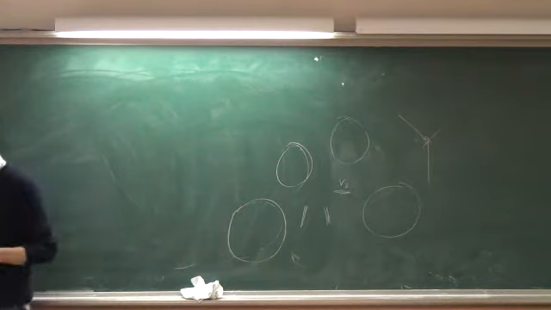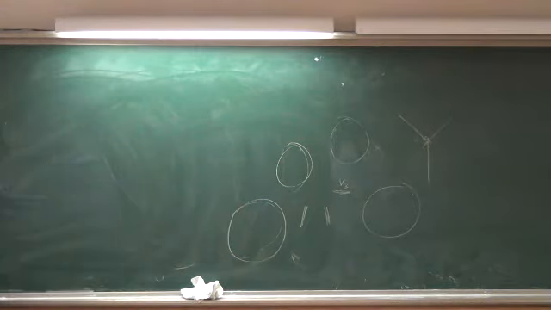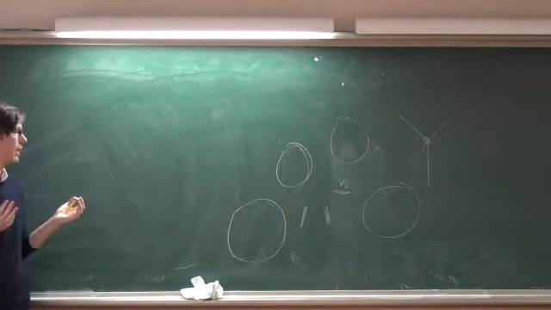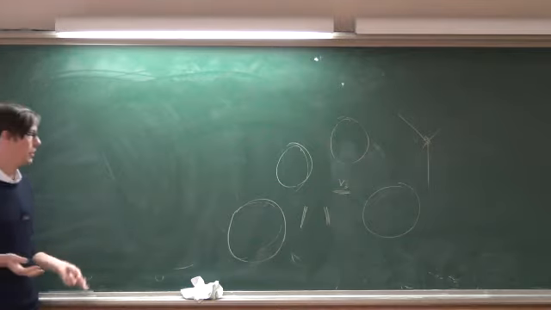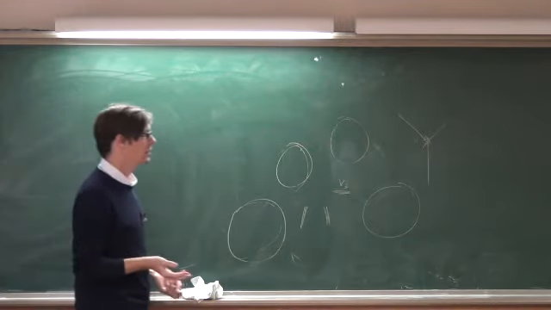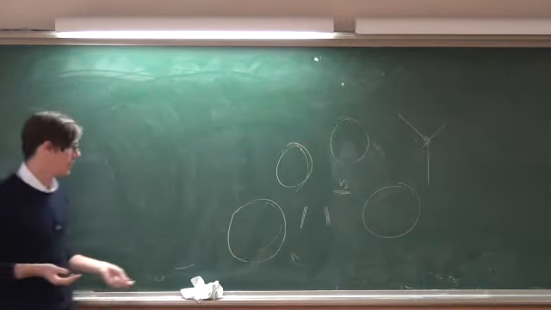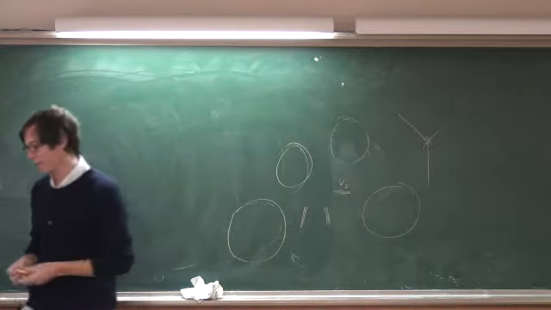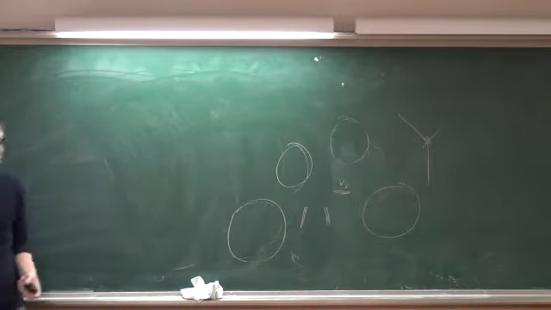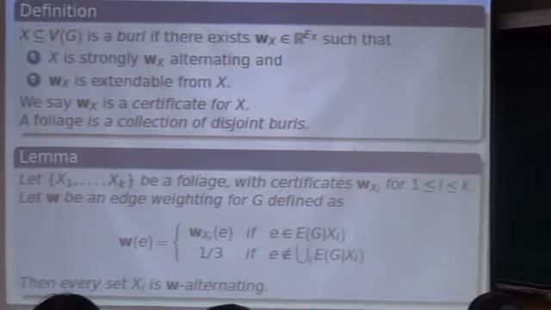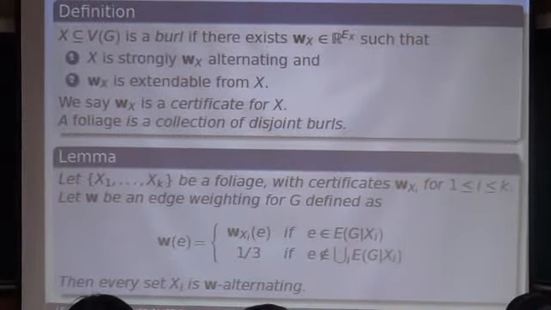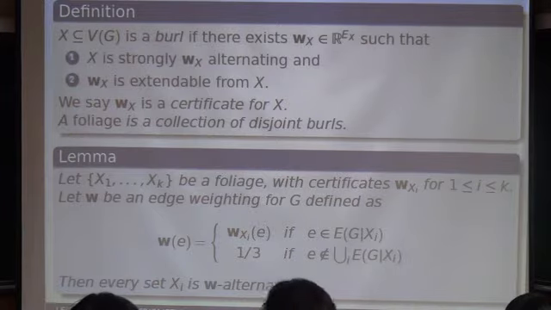So a burl is going to be a small set of vertices so that we have some nice edge weighting, so that we can extend the edge weighting, and the edge weighting is strongly alternating. And remember what strongly alternating is: it means that no matter how we extend the weighting to the rest of the graph, we have a good probability of getting an alternating cycle in here.